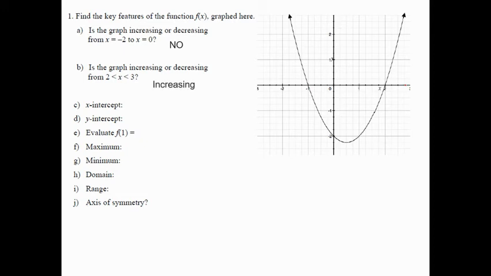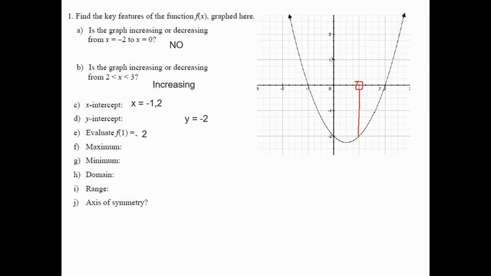Okay. Our x-intercepts, because it's a parabola and the way it's crossing the x-axis, we have -1 and 2. We have a y-intercept, y equals -2. Now they tell us to evaluate f at 1. And so when we come down here, we can see that y is equal to -2.